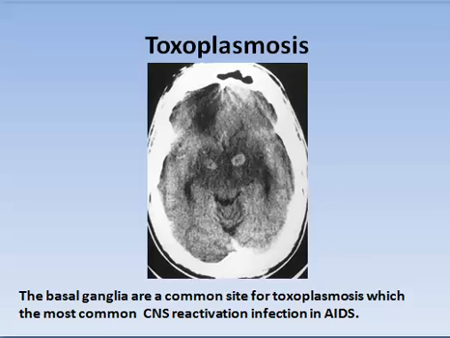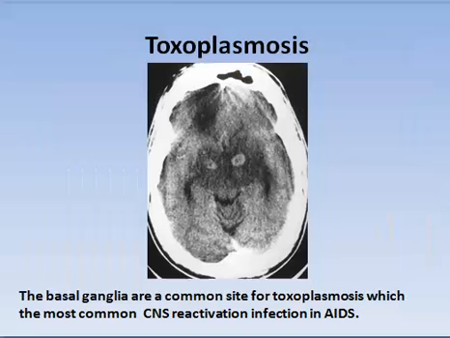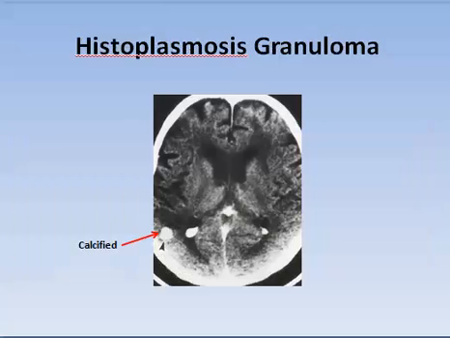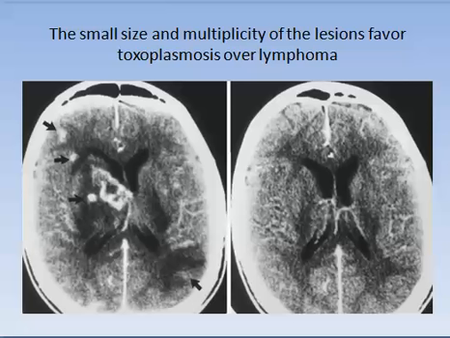The small size and multiplicity of the lesions favor toxoplasmosis more than lymphoma. Mainly we have toxoplasmosis nodules starting here at the basal ganglia in AIDS patients, multiple, small-sized, and widespread.